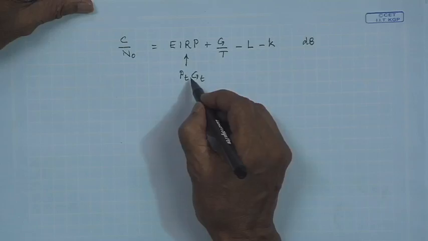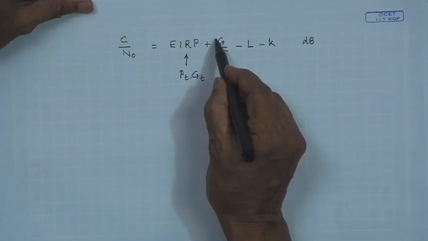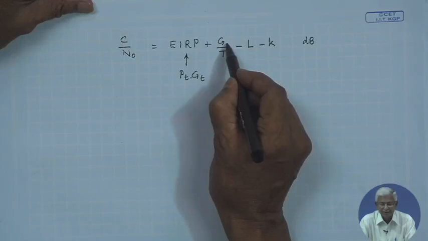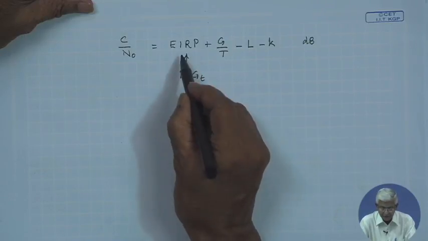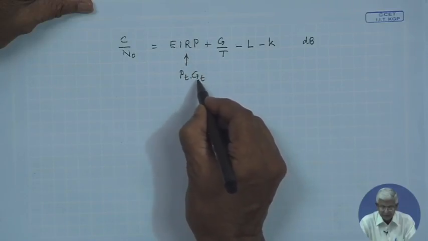Since the satellite antenna gain, both in transmit and receive, is relatively smaller, it becomes critical for the ground antenna. When you have a G by T of the satellite, this G is the satellite antenna gain, which let us say is relatively lower. So the ground terminal EIRP, which includes the ground antenna gain GT, has to be high.